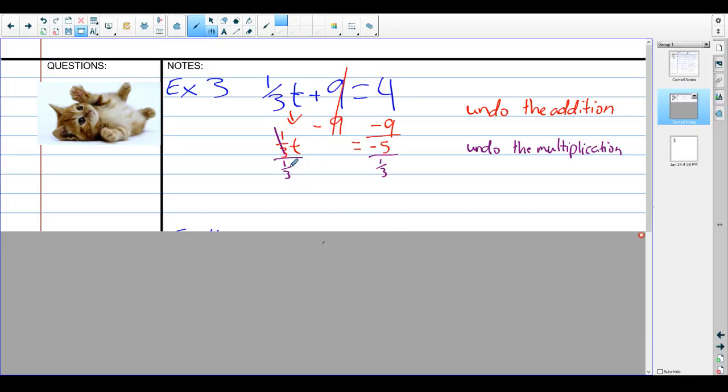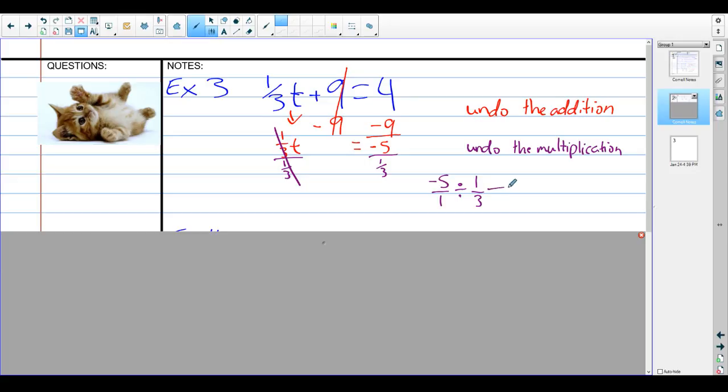So this will cancel out. And then we have -5 divided by 1/3. So we said if we have complex fractions, we rewrite it. So we have -5, and we can call that -5/1, divided by 1/3.